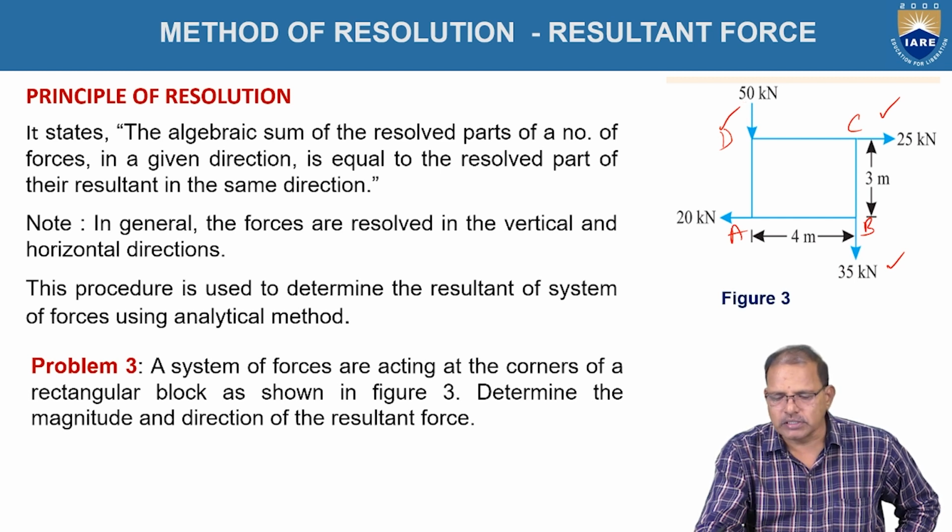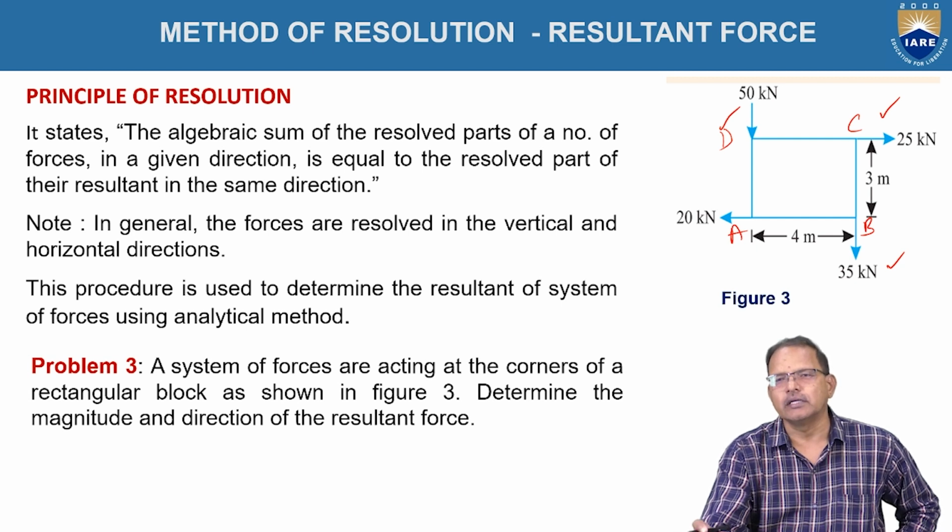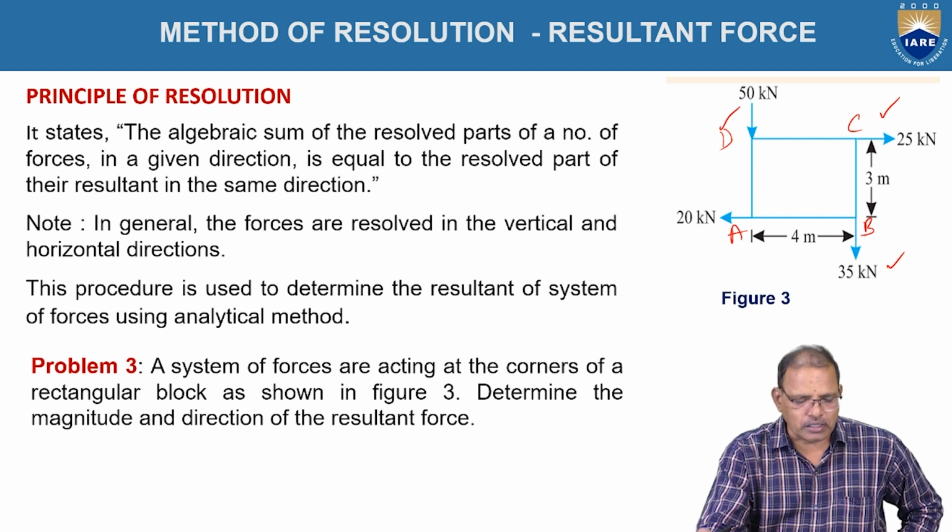In order to find the resultant of all the forces by using the analytical method, the algebraic sum of the components of forces which are acting in the horizontal direction is treated as the horizontal component of the resultant force.